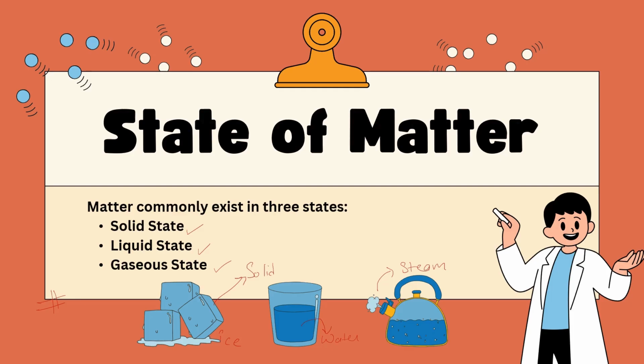Water, it is liquid. And this steam or water vapor is the gaseous form. Okay, so matter exists in three states. You have seen, for example, ice, which is in solid state, water, which is in liquid state, and steam, which is in gaseous state.